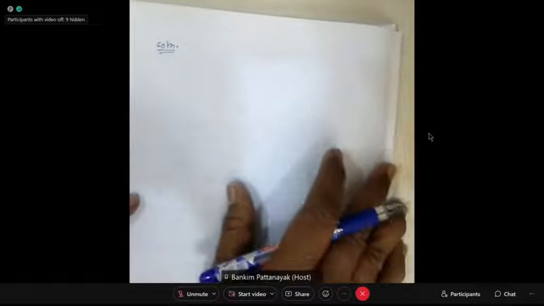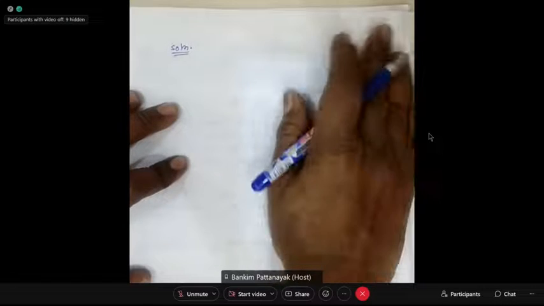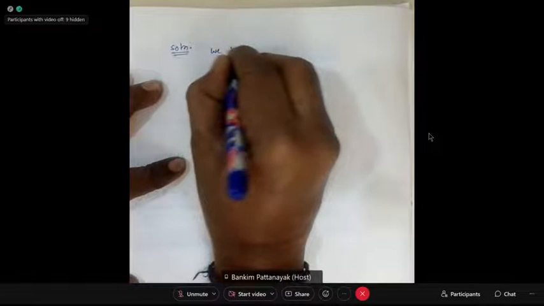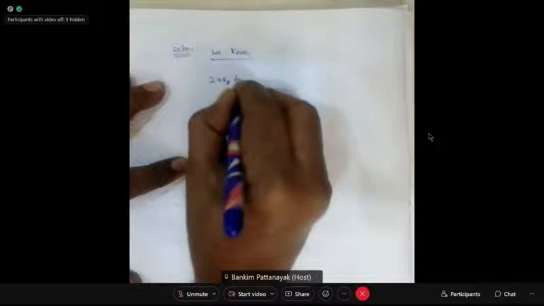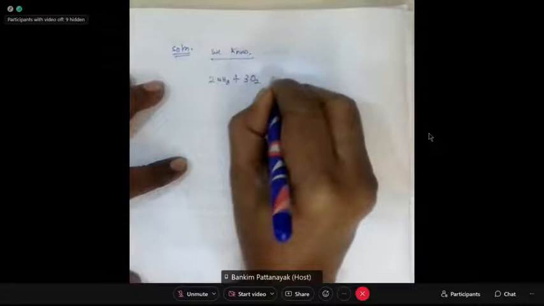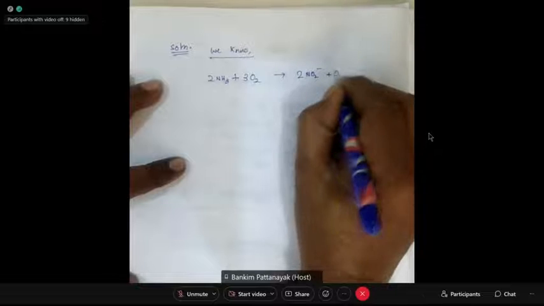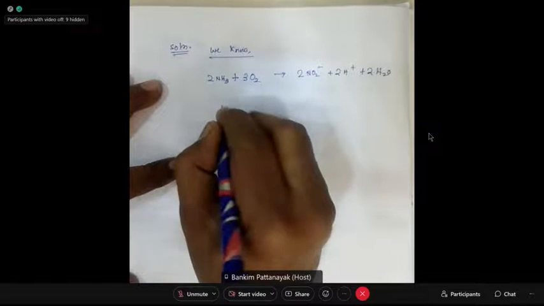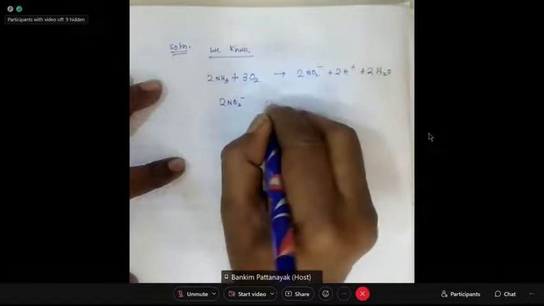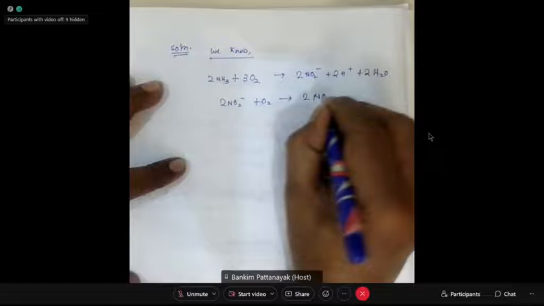Solution. We know the earlier equation, 2NH3 plus 3O2 gives rise to 2NO2 minus plus 2H plus 2H2O, and we also have 2NO2 minus plus oxygen further gives rise to 2NO3 minus.